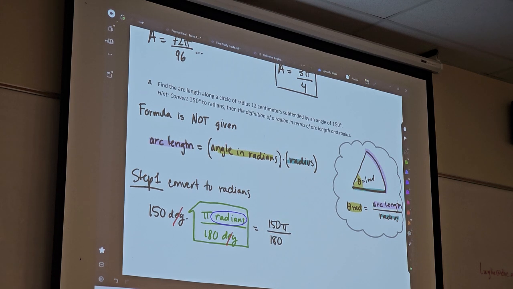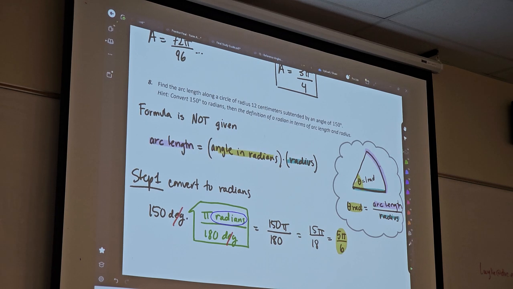I'm not canceling zeros, I'm acknowledging 1 in the form of 10 tenths. And 15 and 18 both have a 3 in them, right? And again, you get a calculator. 15 divided by 3 is 5, and 18 divided by 3 is 6. So boom, here's my angle, 5 pi over 6.